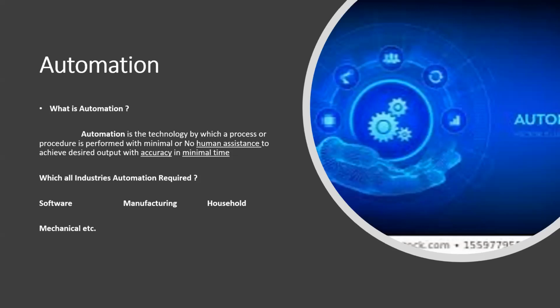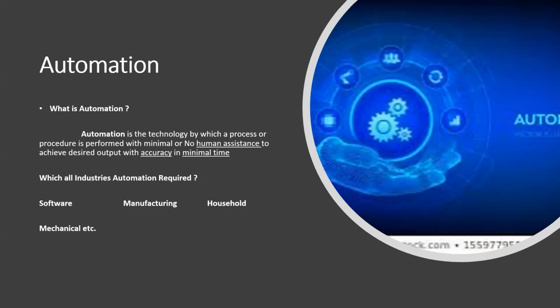So I underline the words: with automation, we can achieve the desired output without or with minimal human interference, with accuracy and in minimal time. We have seen that example in my previous slide. With the machine, with no human assistance or minimal human assistance, with accuracy in minimal time, we are able to grind the grains.